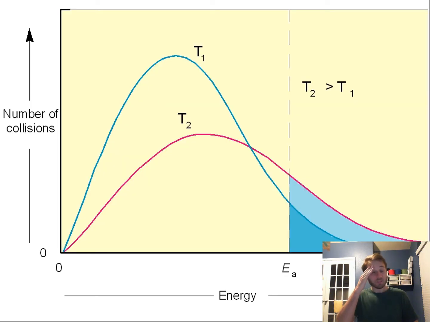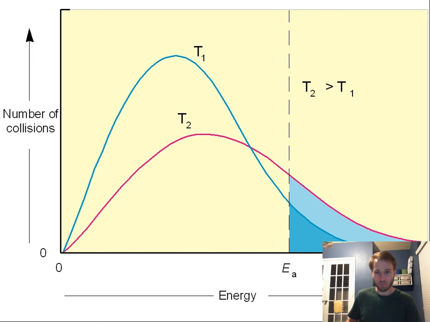If I think about these things colliding, say in the gas phase, I can talk about how much energy a given molecule has at a given temperature, and that's given by these types of distributions, the Boltzmann distribution. What is plotted here is a distribution of the available energy, typically kinetic energy, of a molecule at a given temperature.